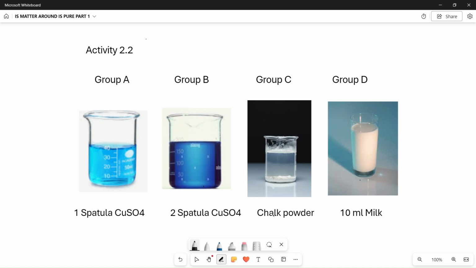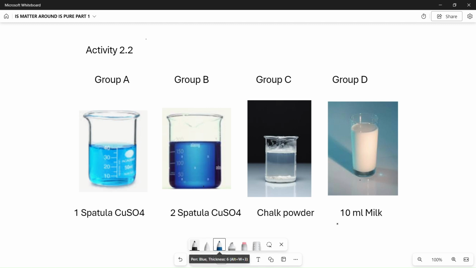Group C has taken chalk powder. Initially it looks like it is dissolving, but when you put it aside for some time, like half an hour, the chalk powder particles will settle down at the bottom of the beaker. In group D, as you very well know, you will get a white misty type of solution. Okay, so this is the activity.